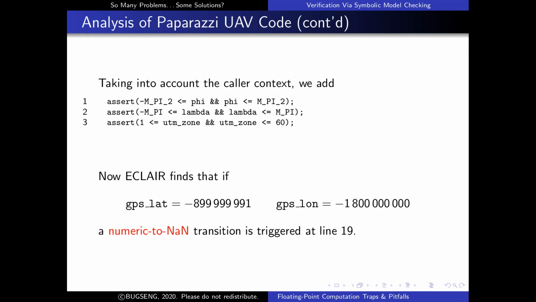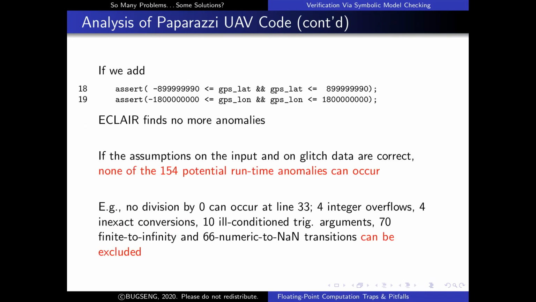However, if you inspect the code, you see that no check is done on the GPS input channel. So this does not only happen if you go over the South Pole or the North Pole, the code is symmetric, but also if there is a communication problem with the GPS.